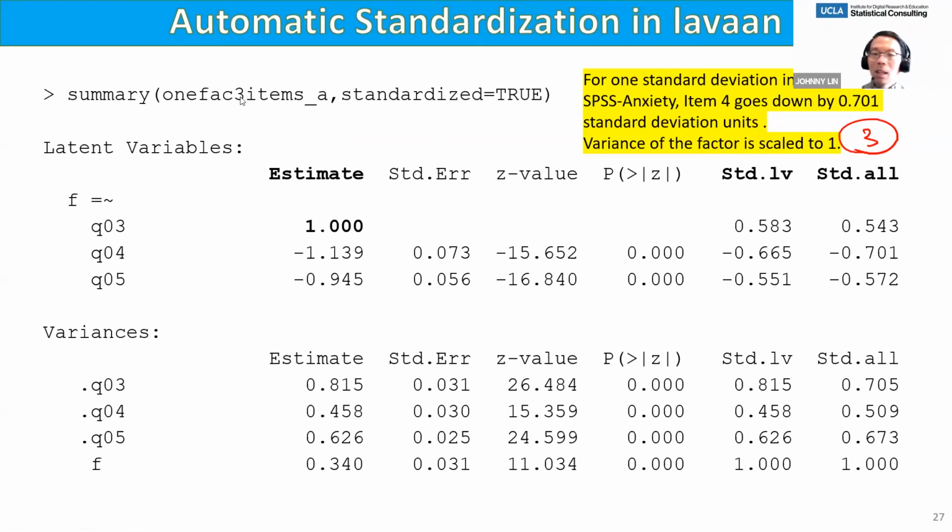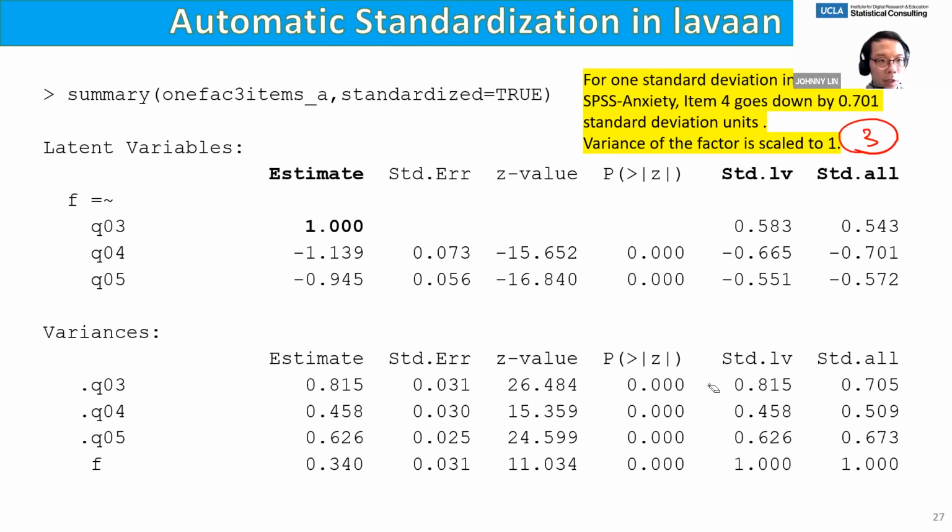3 means, if you have looked at standardized beta coefficients in linear regression, that's basically what this is doing. Not only is it standardizing the variance of the factor to 1, STD all, but it's also standardizing the items themselves, kind of like dividing by the standard deviation of the item too. So it's kind of like a correlation coefficient.